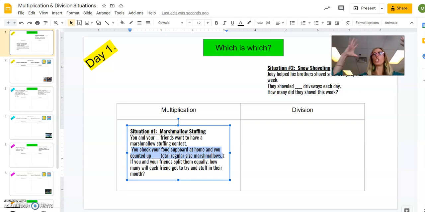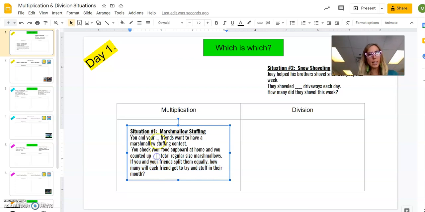Yeah, we're not talking jumbo. We're not talking tiny, just regular size marshmallows. Okay, you counted them all up. If you and your friends split them equally, how many will each friend get to try and stuff in their mouth? Are they only going to be able to get one?